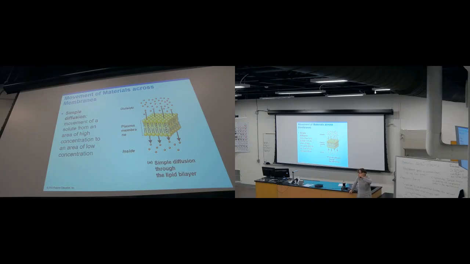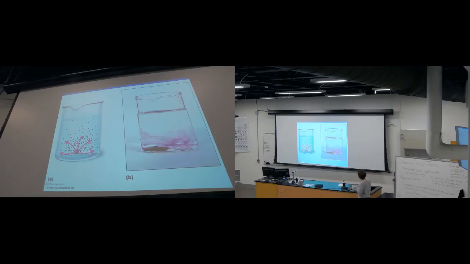How many molecules will move from outside to in to make it even on both sides? 12. So you will reach an equilibrium when 12 of these molecules move in. That's simple diffusion, moving from more to less.